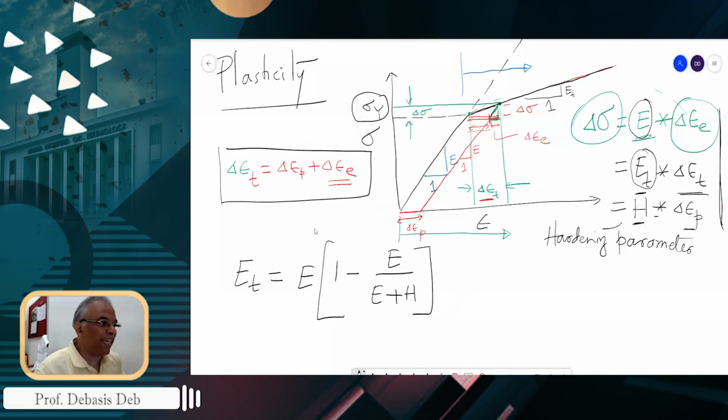Okay, so this is clear. Now, what is the purpose of this plastic strain? What does this permanent strain do to the material? Elastic strain, I made it amply clear. Now this plastic strain, what it does is, it changes the material properties.